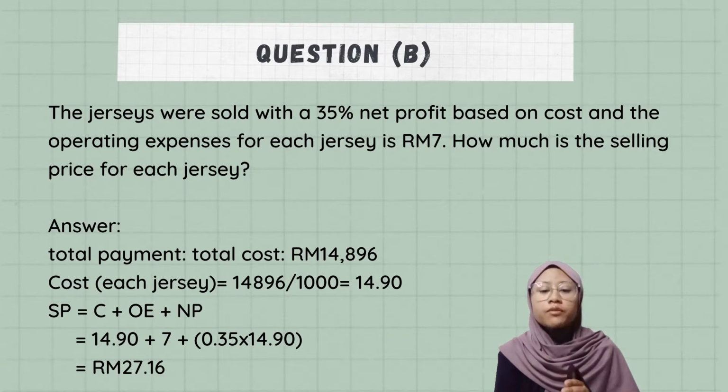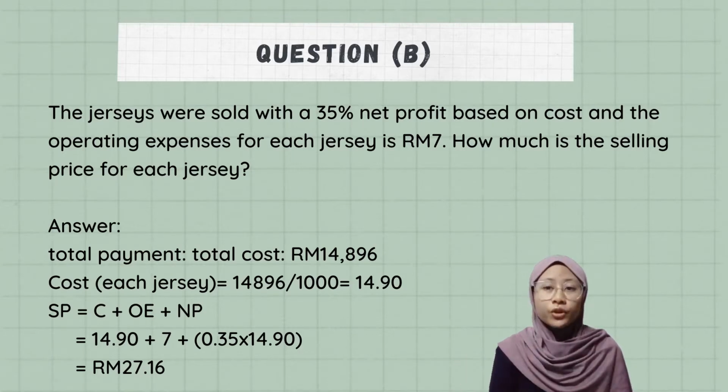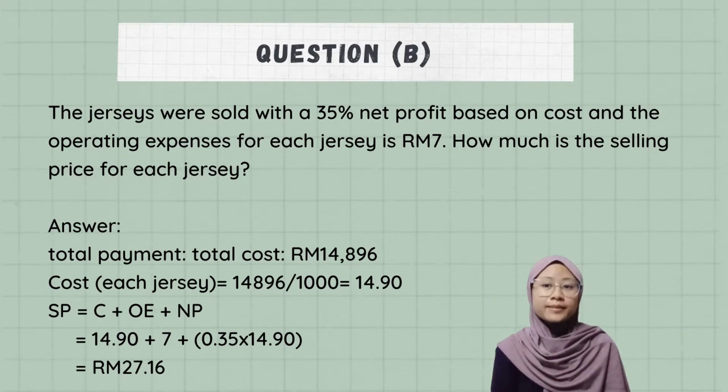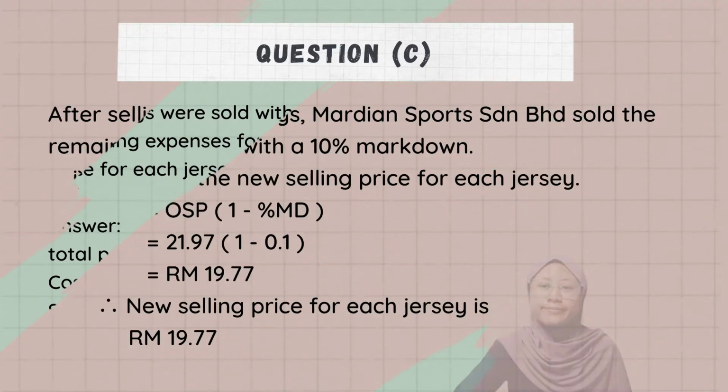The formula for selling price is cost plus operating expenses plus net profit. So the cost is 14.90, and then the operating expenses is 7, and then plus net profit. But first the net profit percentage must be multiplied by the cost, which is 14.90. So you get the answer 27 ringgit 16 cent. That's all for me. Thank you.